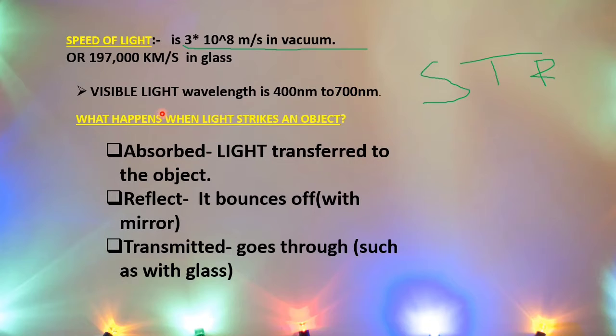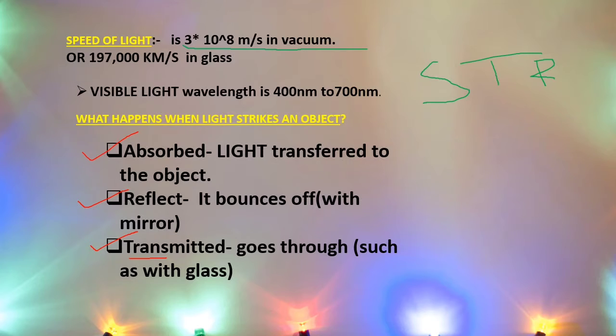So what happens when light strikes an object? Basically 3 things occur. One is absorbed, another is reflected, and another is transmitted.